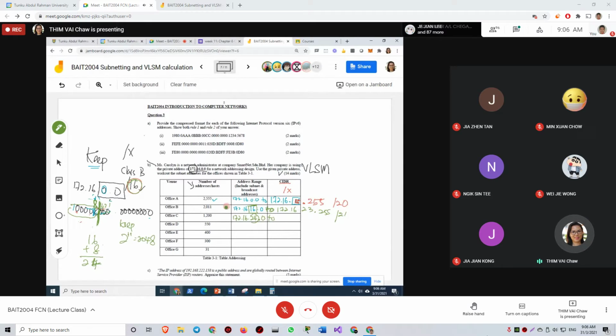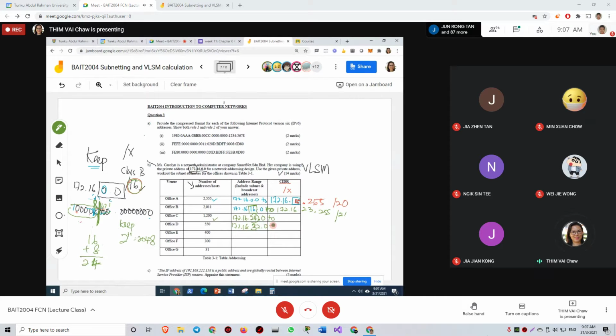So the rest are quite similar already. So this one also is /21, because it's 1020. So you cannot keep 10 bits, you still need to keep 11 bits. From this case, this one still keeps 11 bits. So I'm using 24 plus 8, I will have 32.